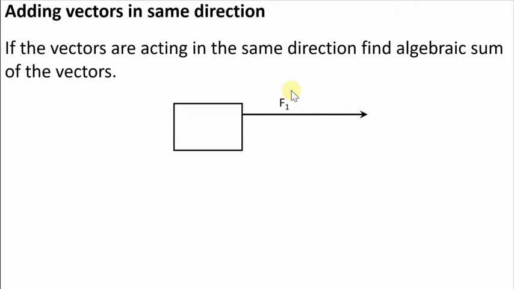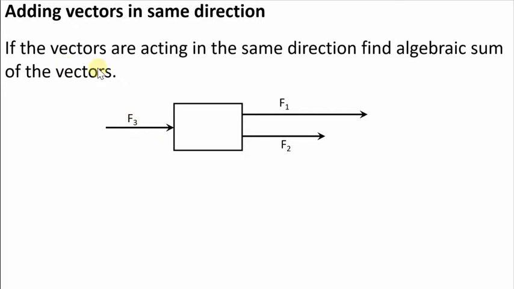We already said examples of vectors are forces. So let's say we have a force as a vector acting in this direction, force 1, another one, force 2, acting in the same direction, and another one, vector 3 or force 3.